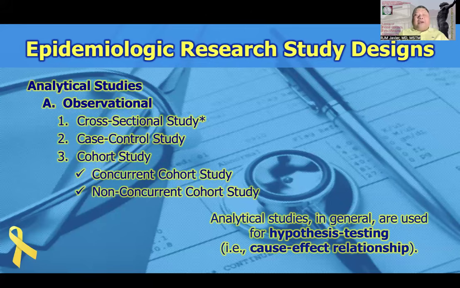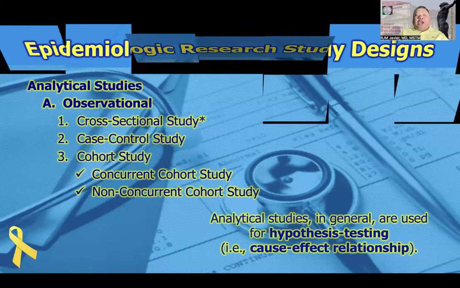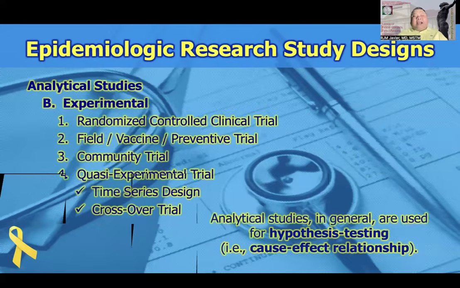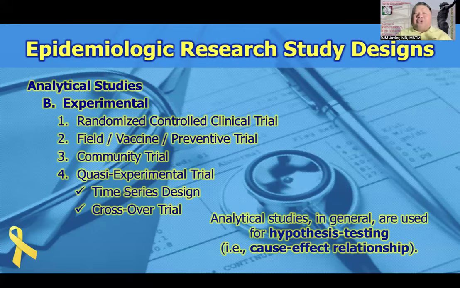Now, moving forward, as I've said, we also have your experimental study designs, and this will be the topic of other future lectures. And this will now involve having an induced intervention. You introduce a specific treatment, a specific therapy.